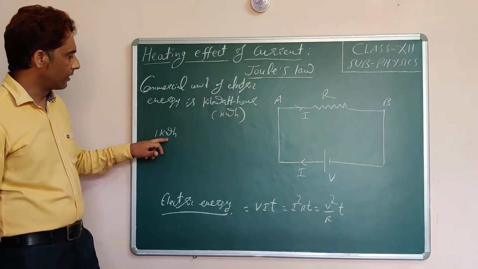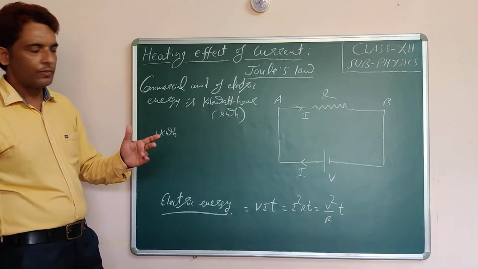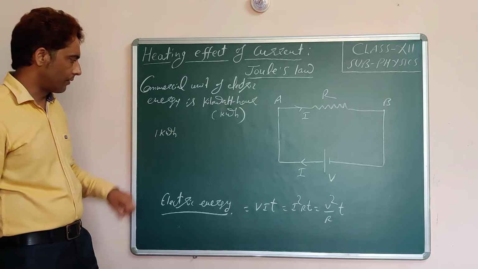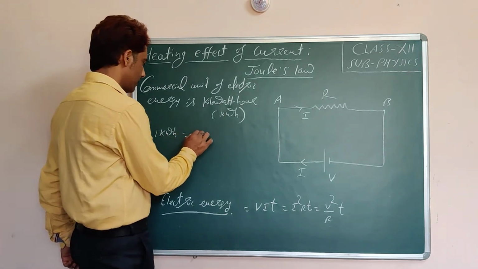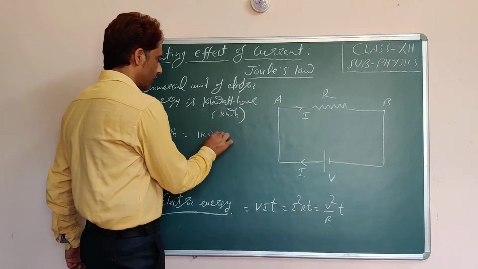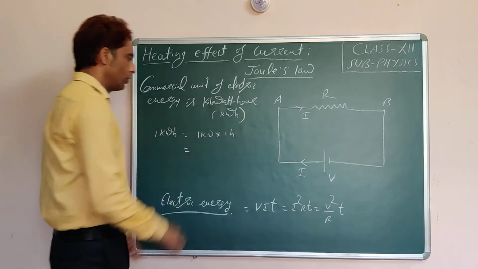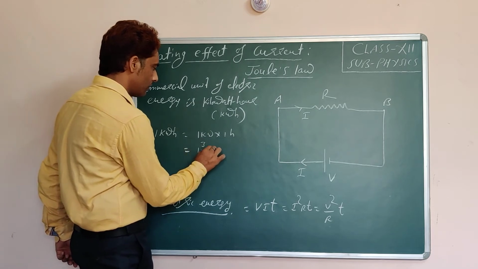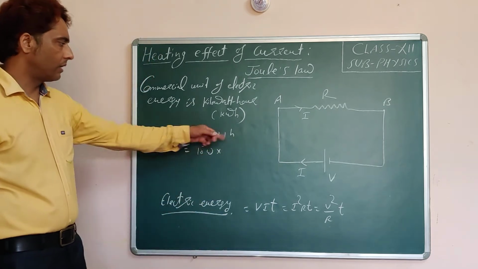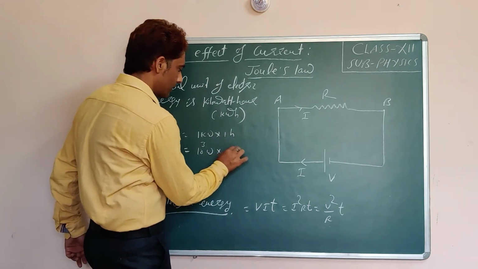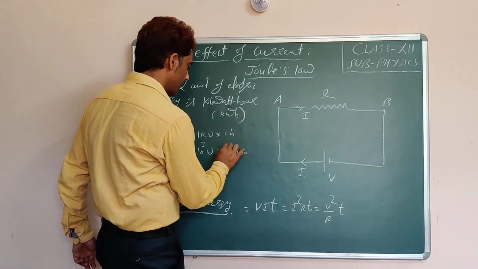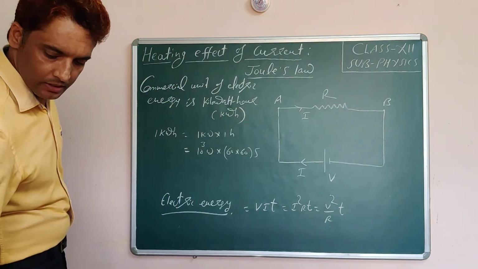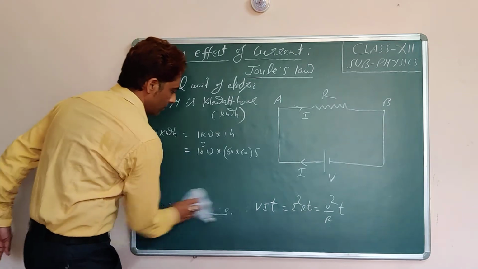Now we will convert this 1 kilowatt hour into the SI system, that is joule. So we will find the number of joules in a kilowatt hour. We can write it as 1 kilowatt into 1 hour, and this kilowatt is equal to 10 raised power 3 watt, and the number of seconds in an hour is 60 into 60. Now this watt can be written as joule per second.